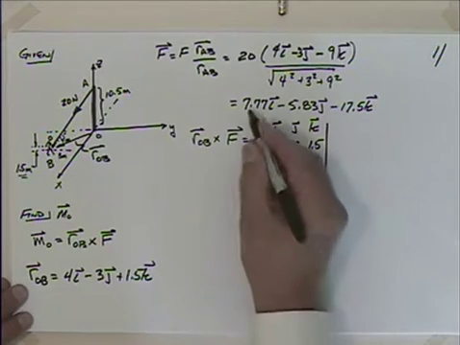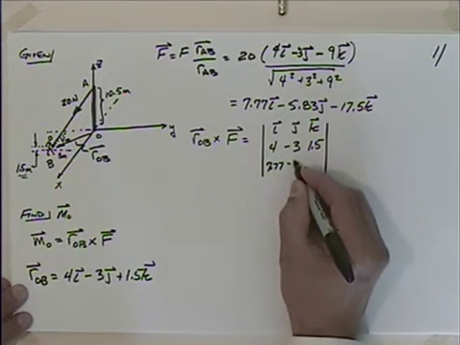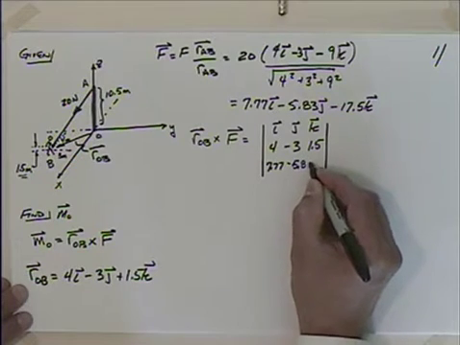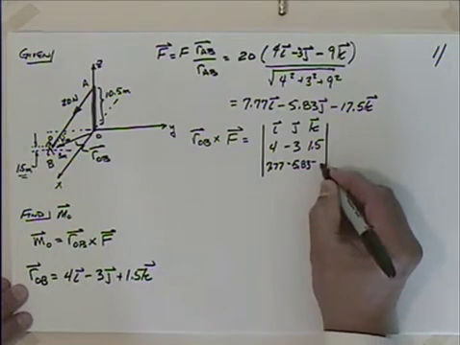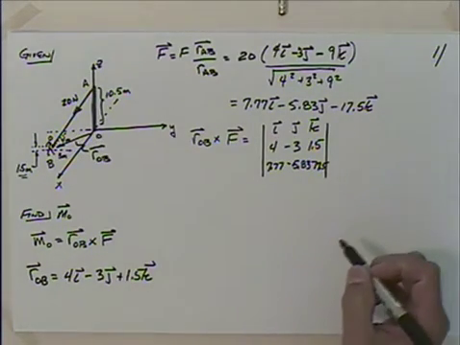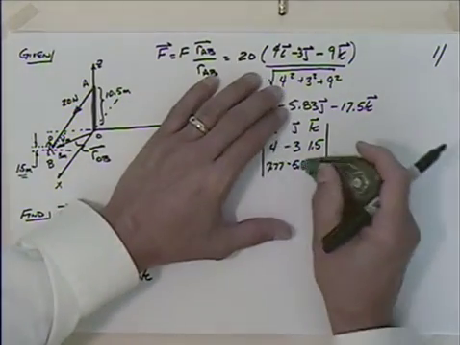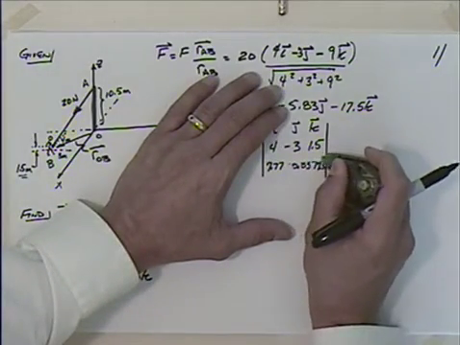And then you're going to have this one, 7.77, minus 5.83, and minus 17.5. Okay, minus 17.5. That's a little bit awkward there. Let me try and clean this up.